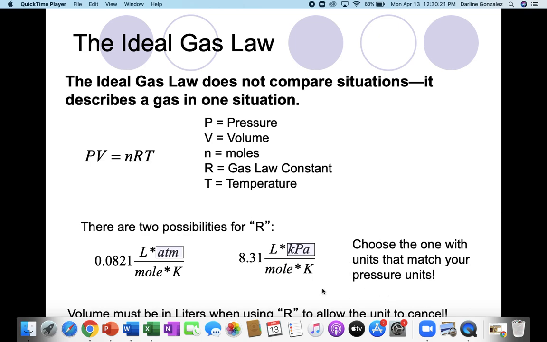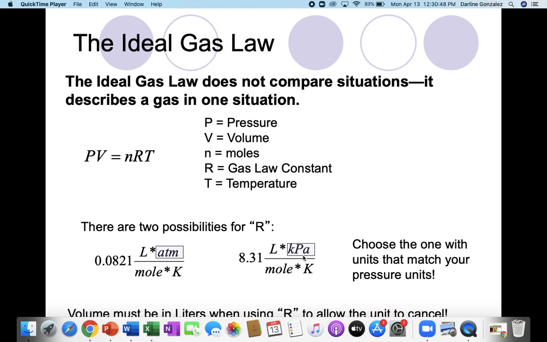So R will be 0.0821 when we are using ATM pressure. Okay, so these are just the units for R. Don't really worry about these. The only one that you have to worry about is ATM. That means that if our P, our pressure, is in ATM, we are using the R 0.0821. How about if our pressure is in kPa, kilopascals?